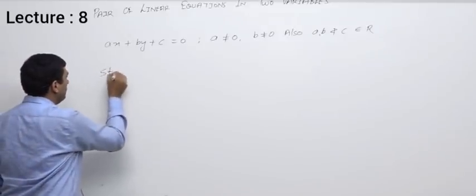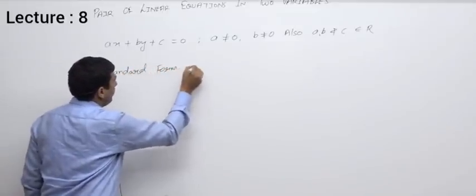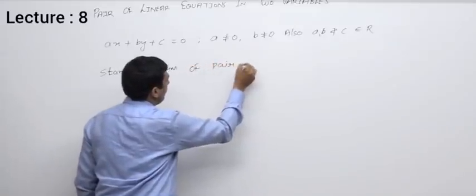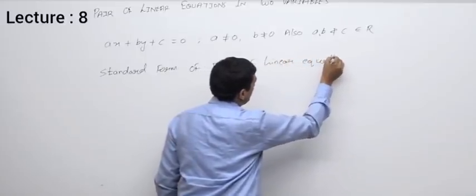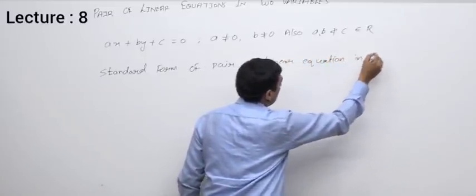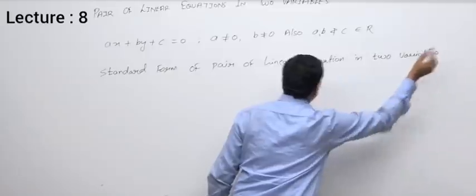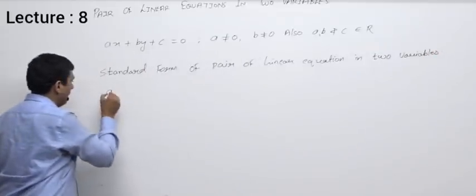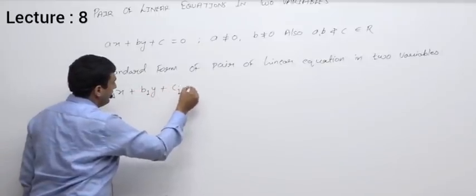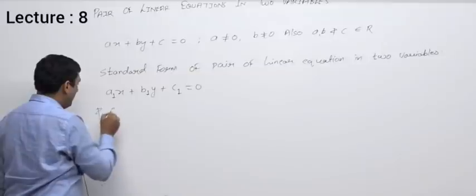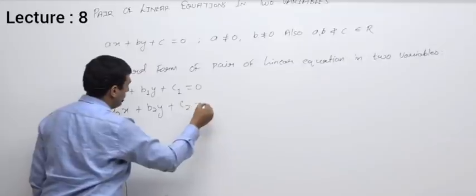So the standard form of a pair of linear equations in two variables is given by a1x plus b1y plus c1 is equal to 0 and a2x plus b2y plus c2 is equal to 0.